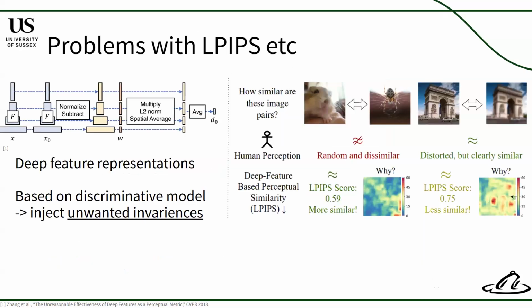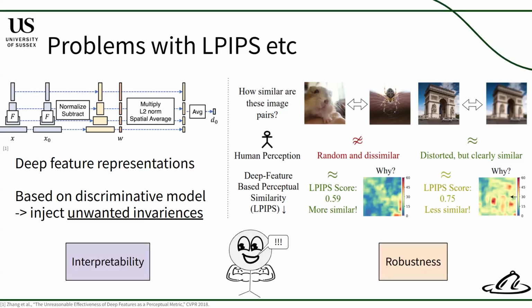On the other hand, researchers then came up with very complex deep learning-based methods to quantify perceptual similarity. The main one is called LPIPS. However, these are essentially black boxes, so they rely on deep feature representations and are then trained in quite a complex way based on a classification task in order to match human judgment.